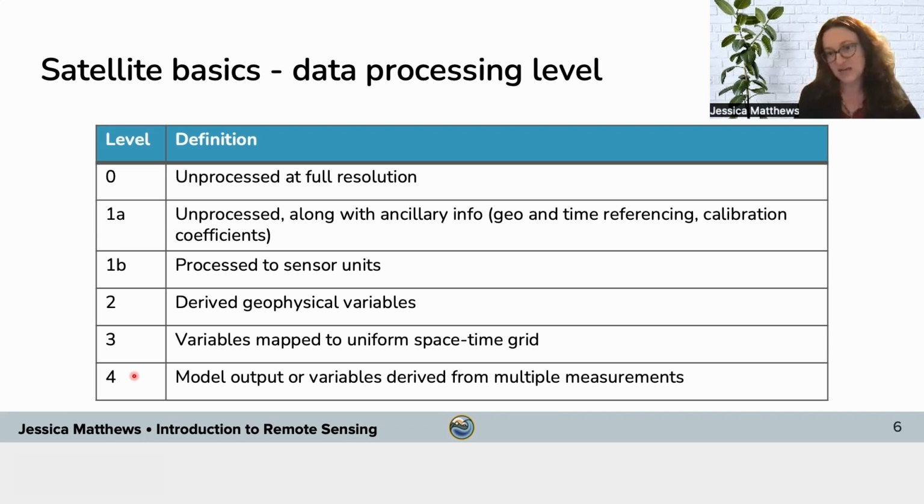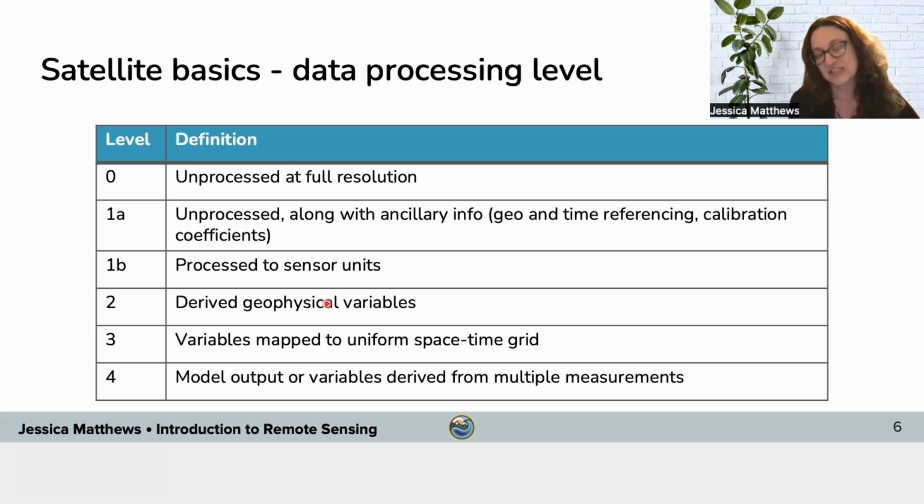So to contextualize what level data you might be interested in working on, if you were a member of one of those teams working on a model that's deriving a geophysical variable from the radiance observations, you might start with level 1B data as your model input in order to get to the outcome of a level 2 derived geophysical variable.